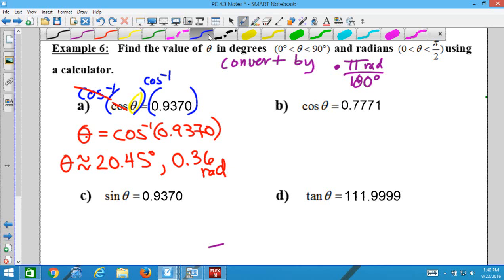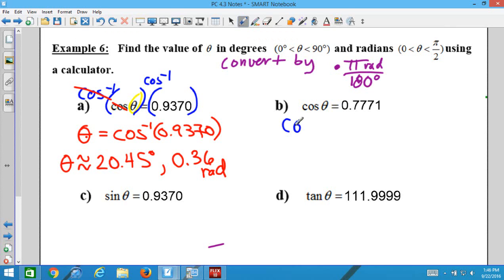So the next one, to cancel out cosine, we're going to use the inverse. And we're going to apply that to 0.7771. And you're doing this on your calculator.